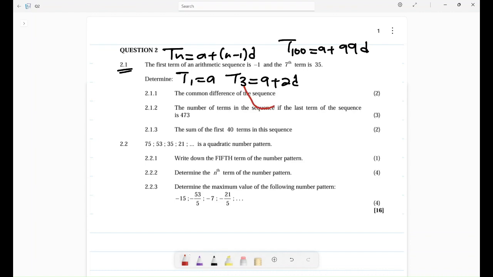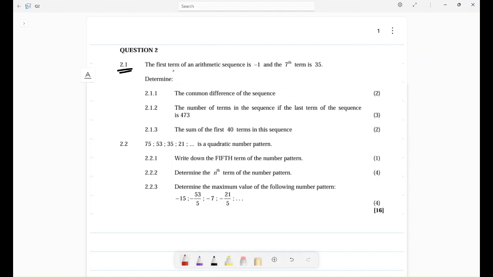Here it is T3, but here it becomes a plus 2d. Here it is T100, but here it becomes 99d. So basically, whatever position value you're looking for, on the right-hand side it's going to be a plus one term less than that n value. All right, so where am I going with this?